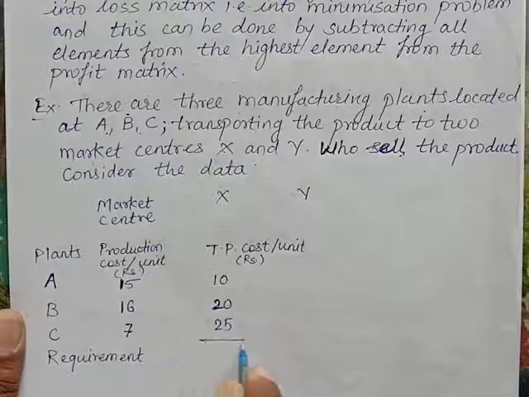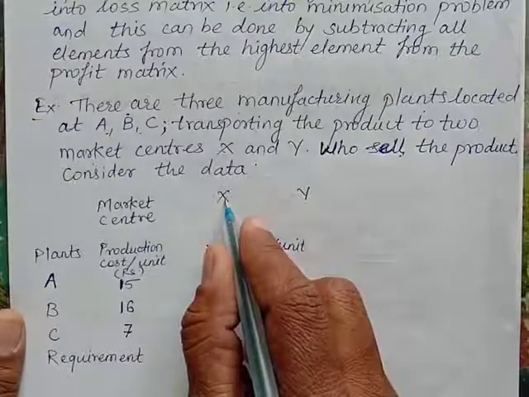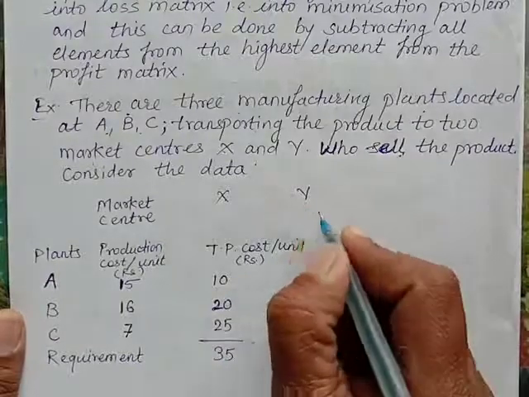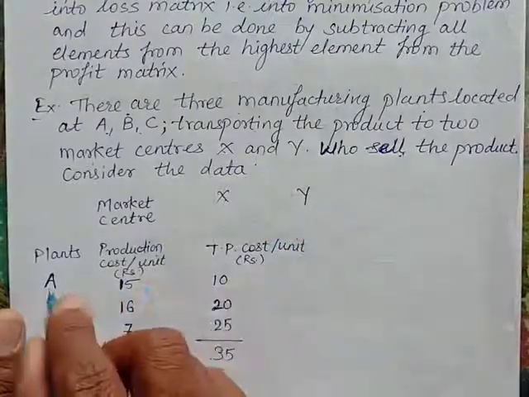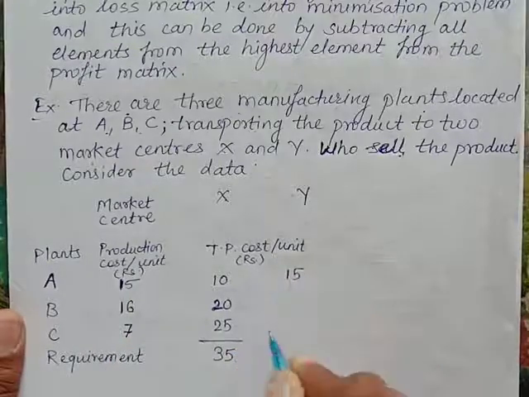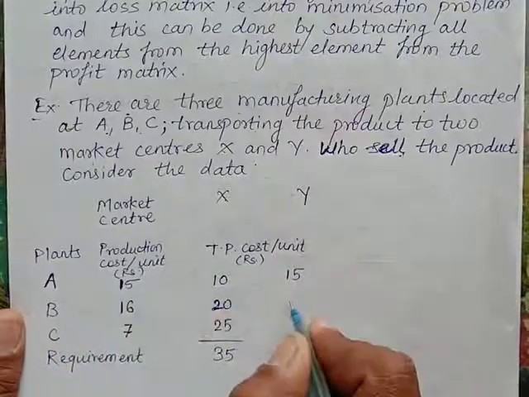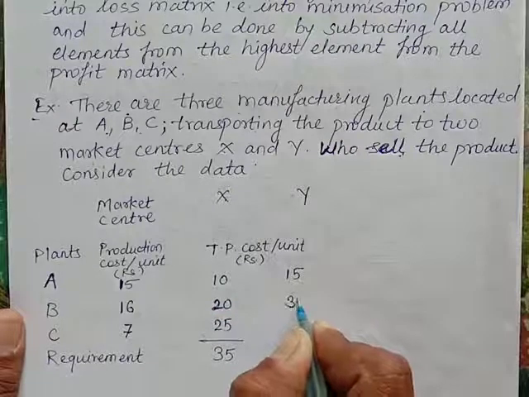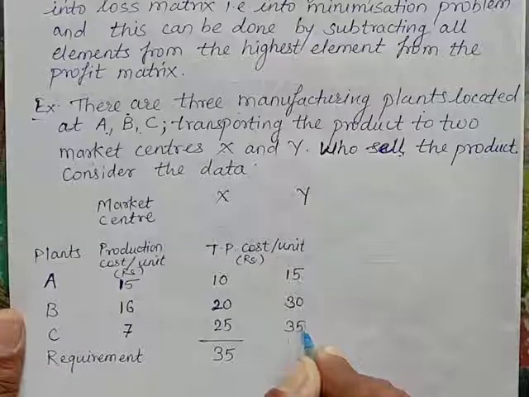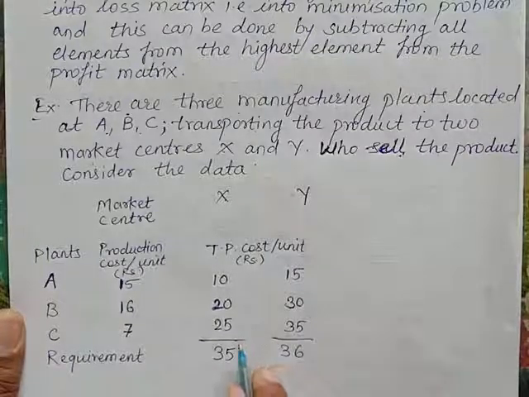The requirement at market X is 35. For center Y, A to Y the transportation cost is rupees 15, from B to Y it is rupees 30, and from C to Y it is rupees 30. The requirement is 36.